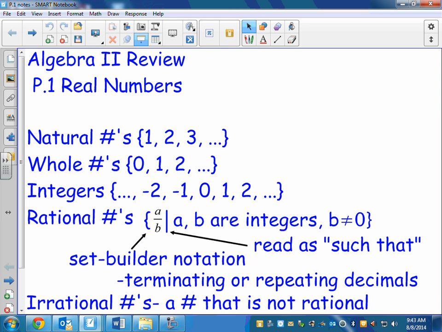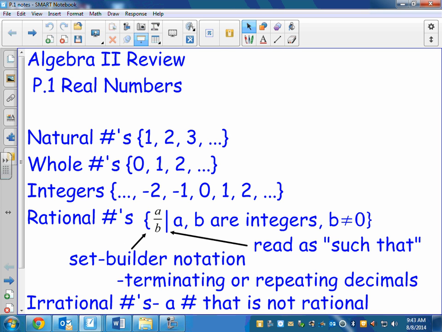Rational numbers, when I teach Algebra 2, I tell them a rational number is a number that can be written as a ratio. But I thought I'd give you some math lingo here for the definition of a rational number. So I threw in this set builder notation, this little symbol, a line or a colon in between there, is called set builder notation.